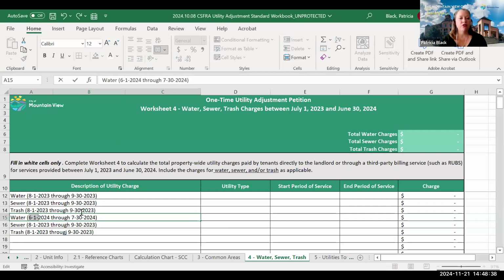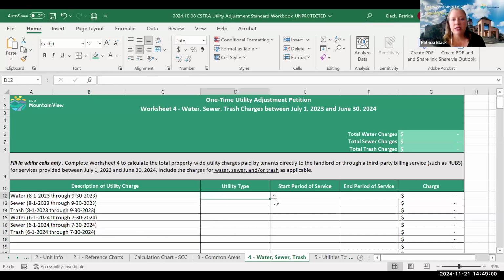So that gives us a full 12-month period. Now, if your bills start in July, you're going to use your July bills. If your bills start in mid-July, you're going to use your mid-July bills. If your bills don't start until August, you're going to use your August bills. We just need to get as close as we can to that July 1st, 2023 date, okay?